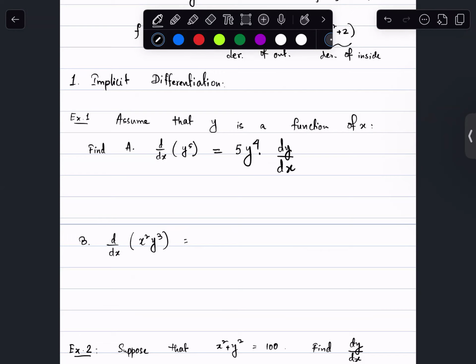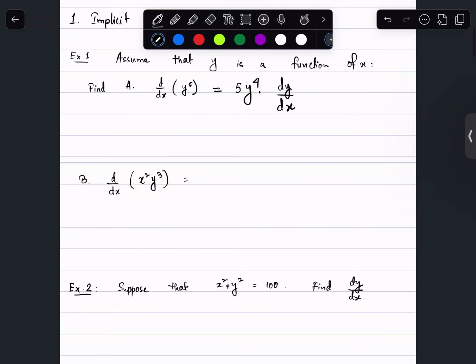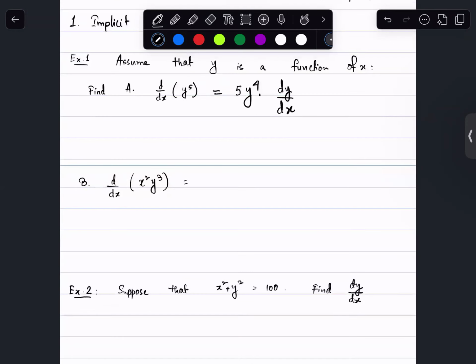Similarly, if I want to do the next problem, this is like f times g. So I'll get f prime times g plus g prime times f. f prime would be just 2x, and g is just y to the third. That is fine. And then g prime. For g prime, I know that my g is y to the third, right?